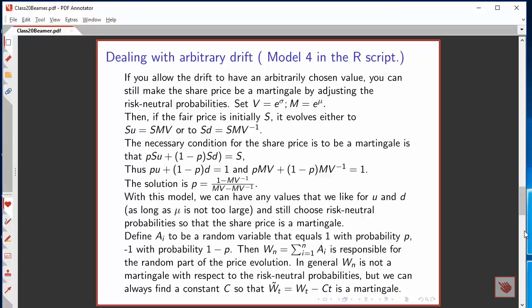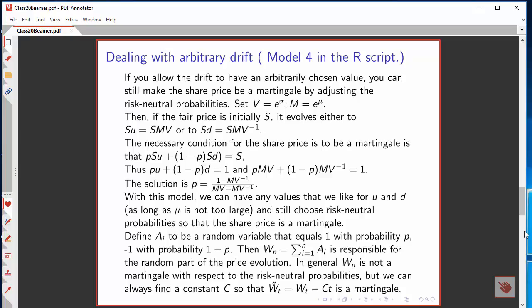In the exponent, we can still think of a random variable, let's call it a sub i, that has probability p of equaling 1, probability 1 minus p of equaling minus 1. This is an unsymmetric random walk if p is different from 1/2.